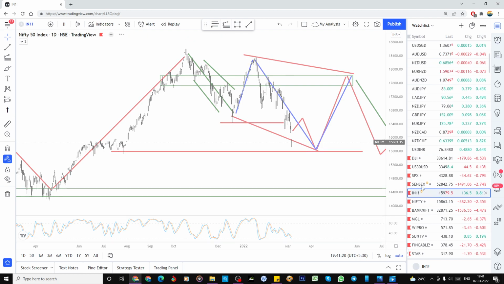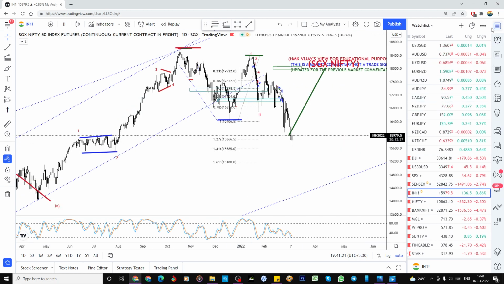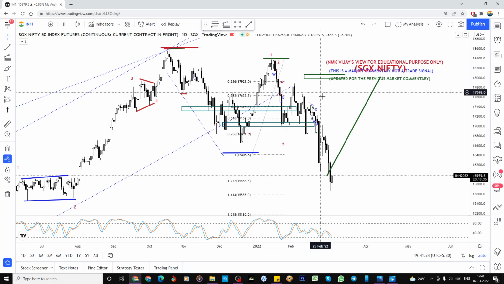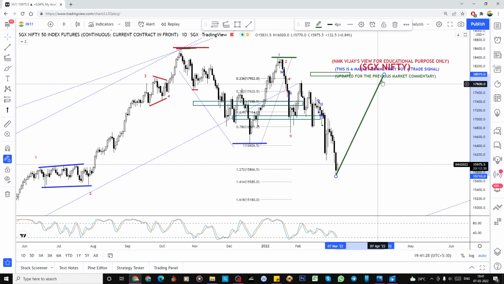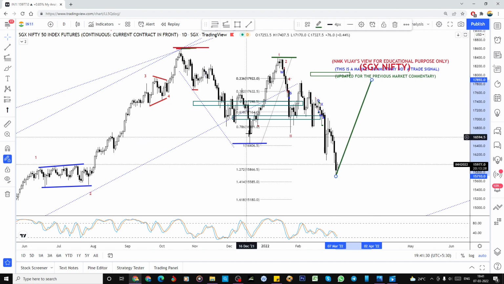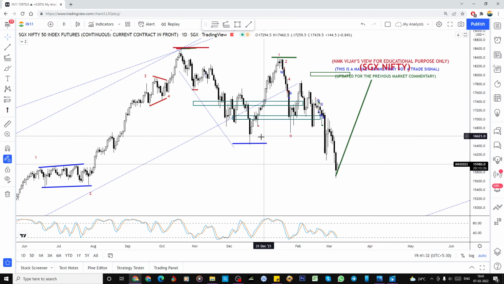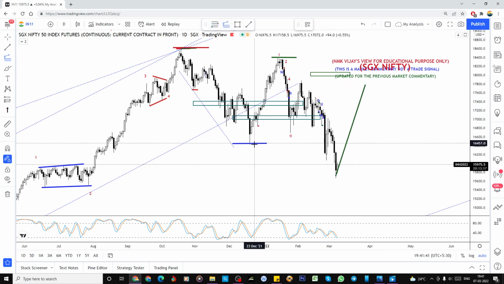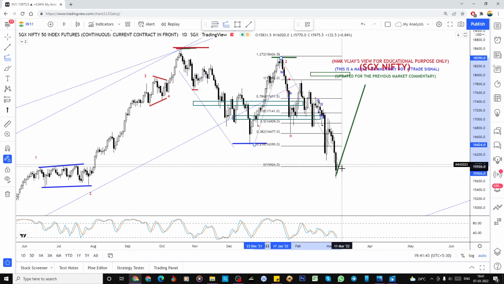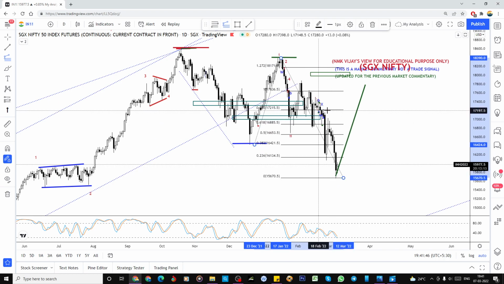If you look into SGX Nifty, my view is that I expected one more up, like this kind of impulsive wave here, and this is the correction part, and one more impulsive like this may happen here. The same length, or 0.786 of this length, nearly the 17,200 to 17,600 zone, I'm expecting.